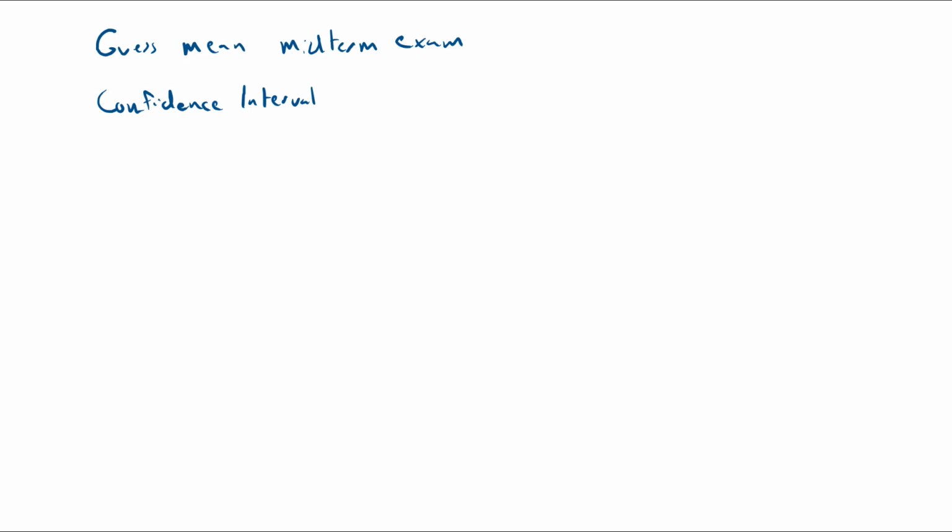Now, a confidence interval is simply taking your point estimate, and we're going to plus and minus our margin of error. So we're going to add our margin of error, and we're going to subtract our margin of error.